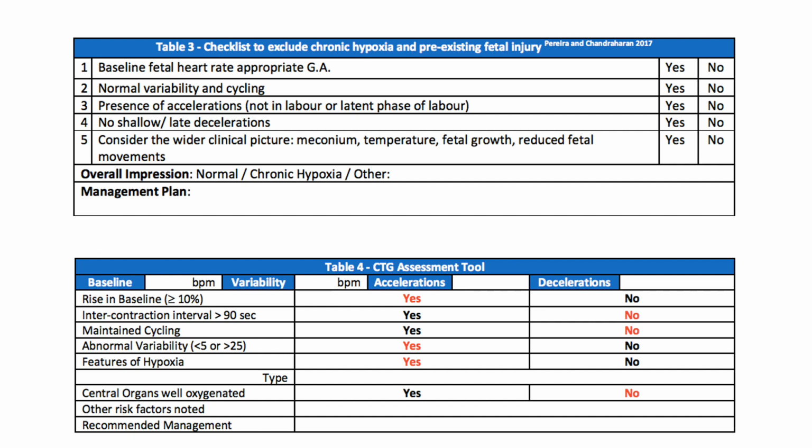And this involves comparing what we see now with the initial features on the CTG trace, and to understand whether there is any evidence of intrapartum hypoxia and whether the central organs are well oxygenated, and what are the additional risk factors that have developed during labor.